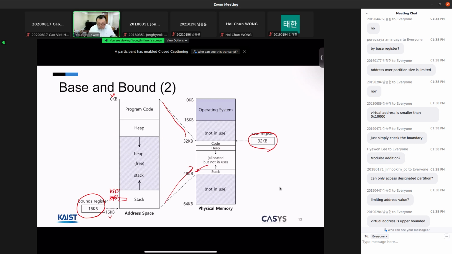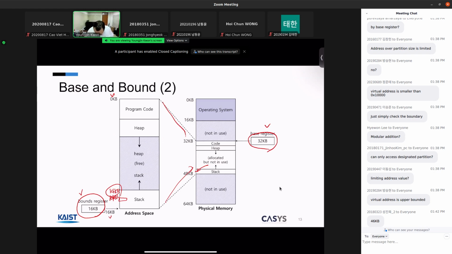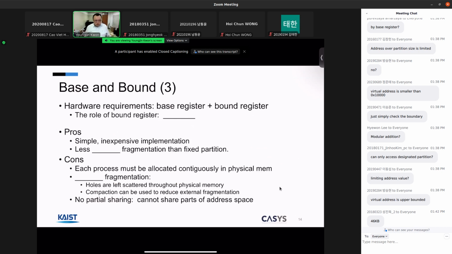How do we translate a 14 KB address in the base and bound register case? Simply, hardware translates 32 kilobytes, 14 kilobytes to 46 kilobytes by hardware. So automatically hardware translates it and uses this address space for physical memory, bound. Simple design. Okay, so that adds one more register, the bound register.